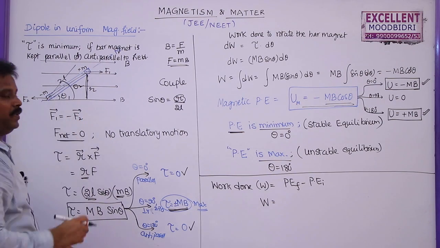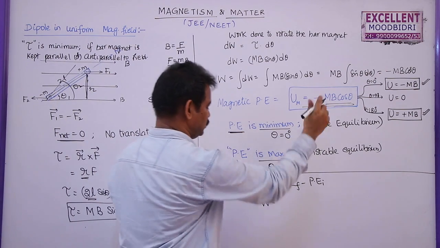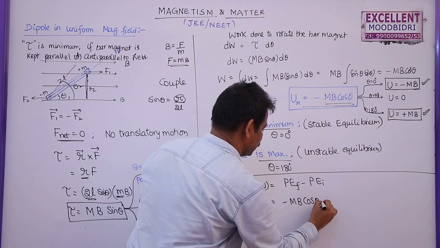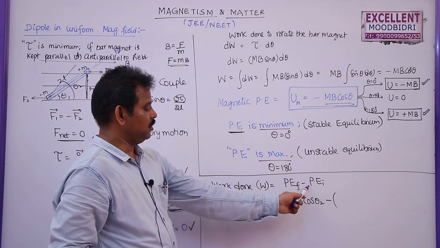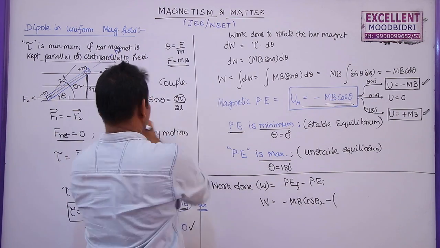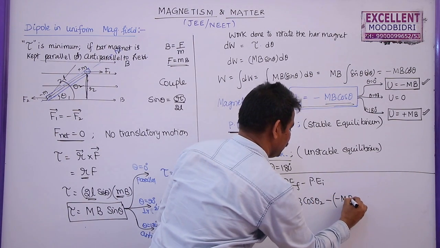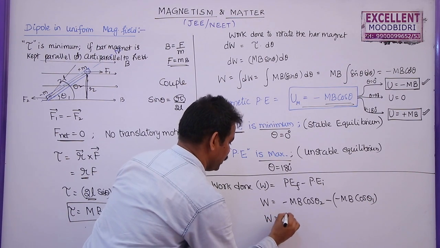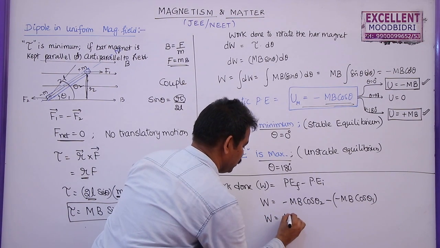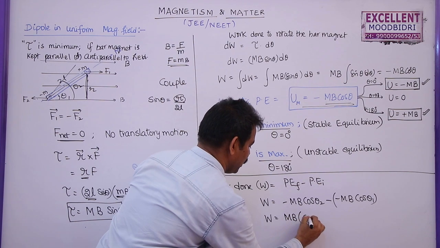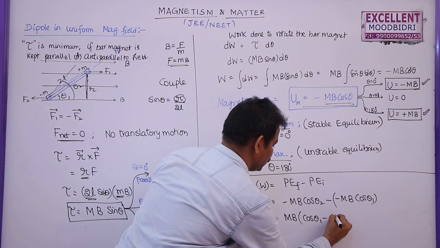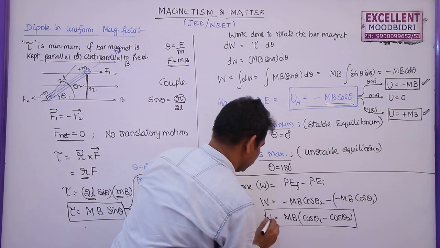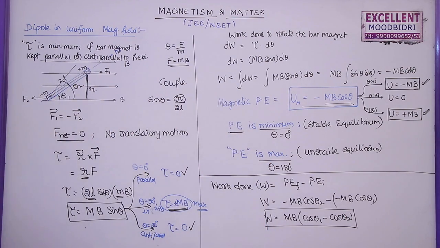So PE final will be minus mB cos theta 2, minus initial PE, which is minus mB cos theta 1. So the work done is given by mB common, mB (cos theta 1 minus cos theta 2). This is the work done in this case.